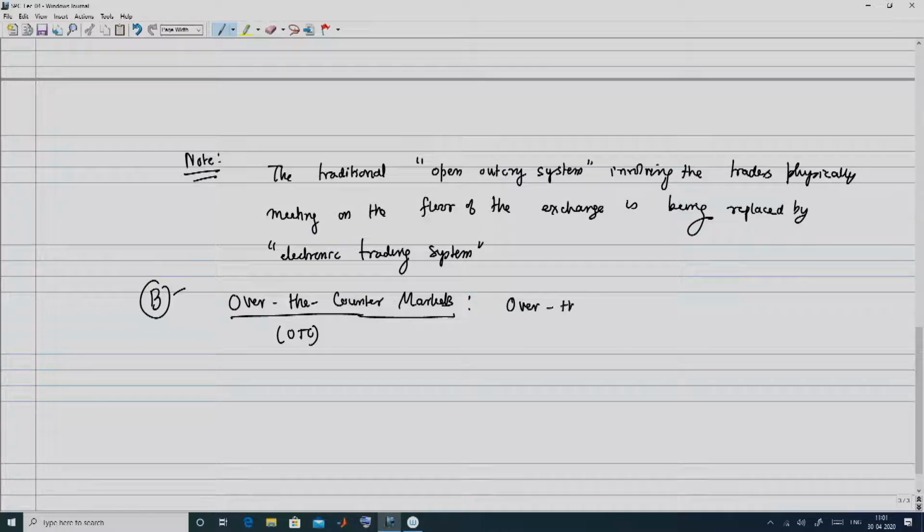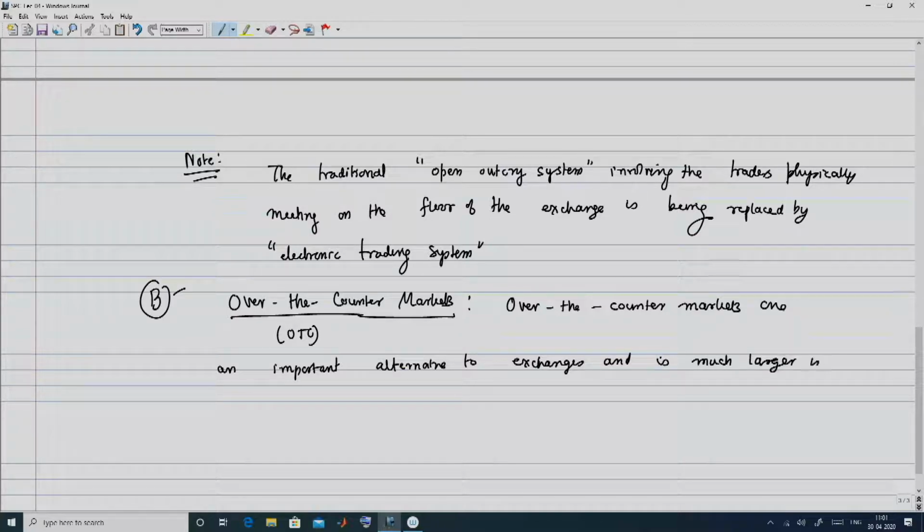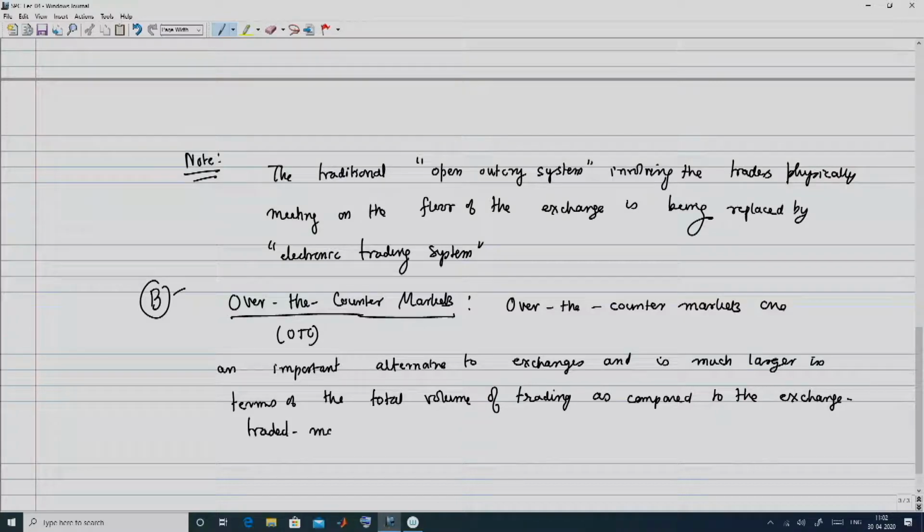So, over the counter markets are an important alternative to exchanges, and more importantly, much larger in terms of the total volume of trading as compared to the exchange traded markets.